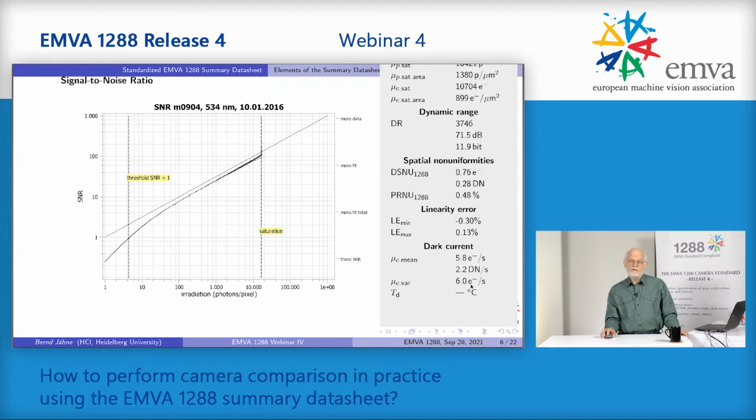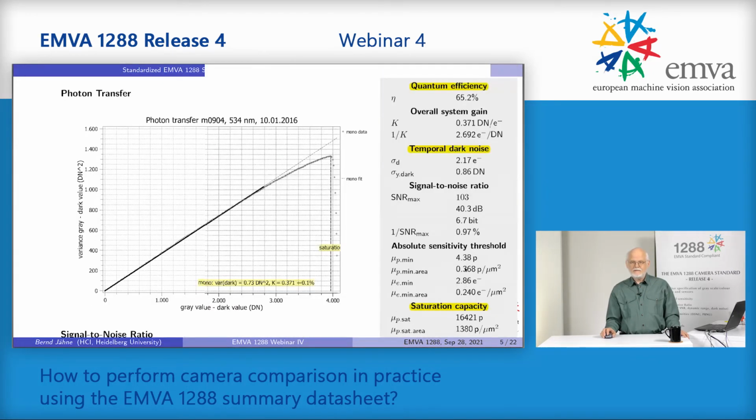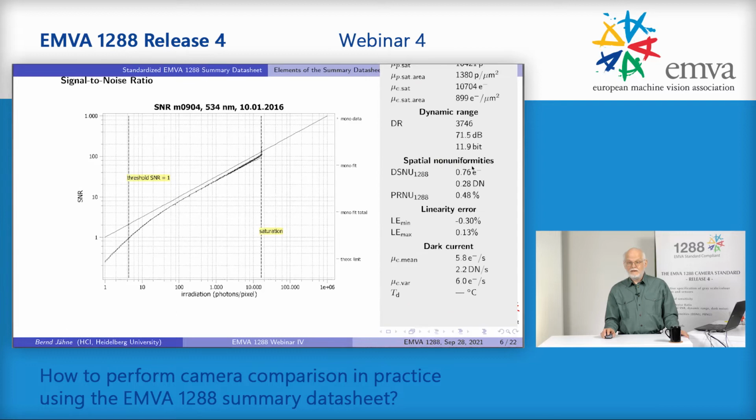That is also one thing you have to consider depending on your application. So if your application involves longer exposure times, be careful not to say that the temporal dark noise is what I really have in the dark, but add what you get from the dark current in addition. That is a very important issue to take into account.